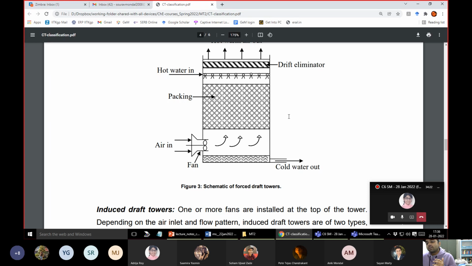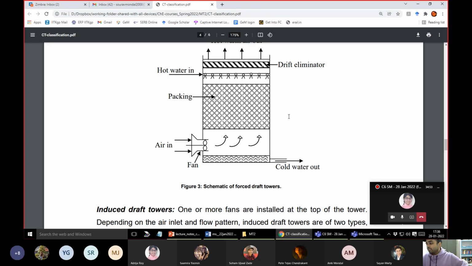In the case of forced draft towers, which are a mechanical type, you have the fan at the entry of your air path, or the air inlet. So it takes in more air. It is like if you place a table fan at the front of the tower where the air goes in.